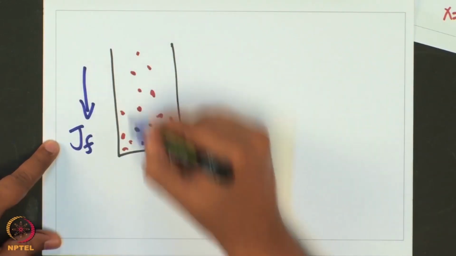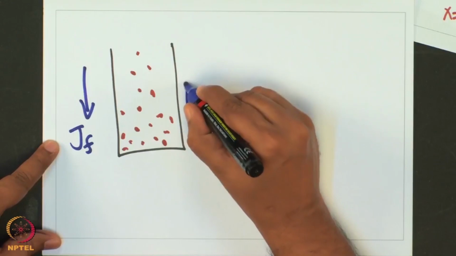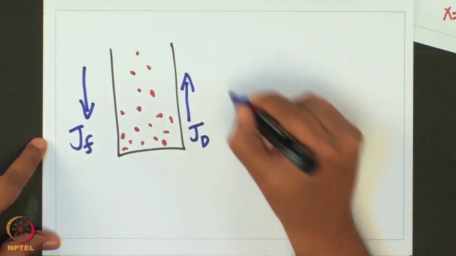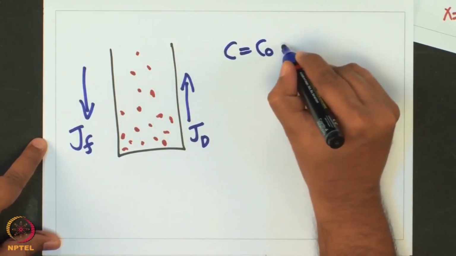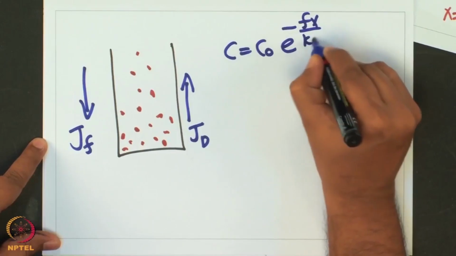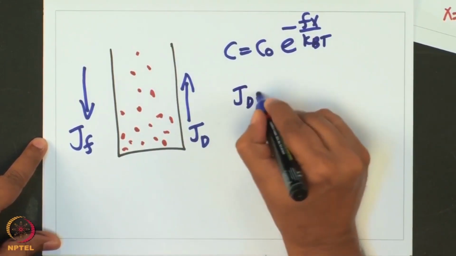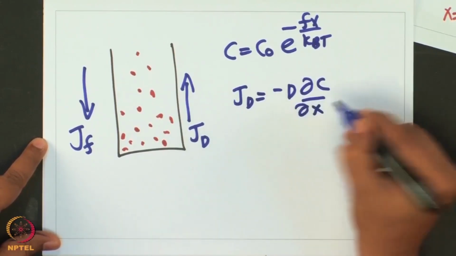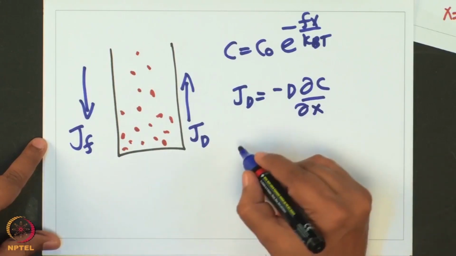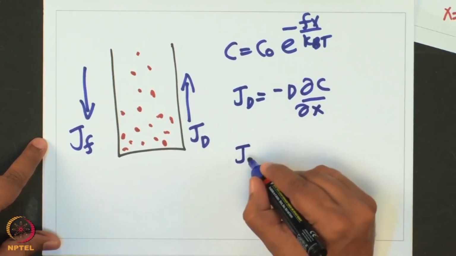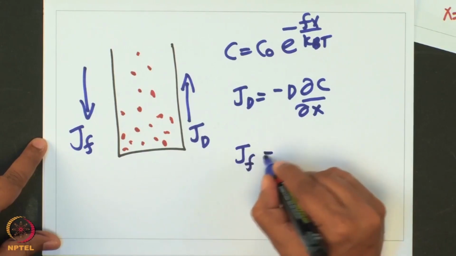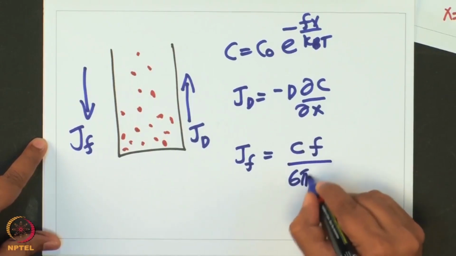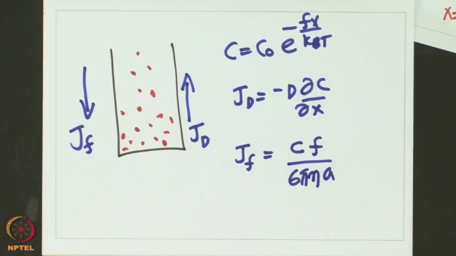The molecules will be pulled down by gravitational force, and there will be a flow in this way because of the diffusion, and the concentration is C0 e power minus Fx by kBT, and we know that Jd is minus D del C by del x. This is the magnitude, and the magnitude for the other would be C F by 6 pi eta a. So we know this.